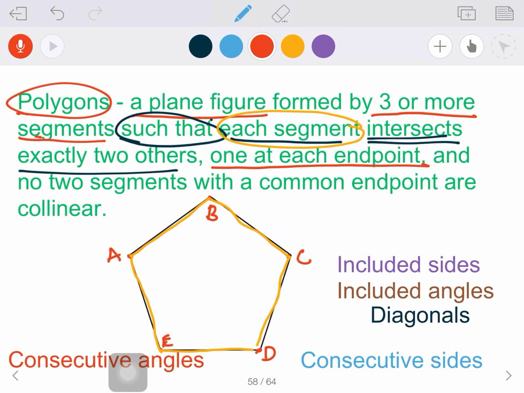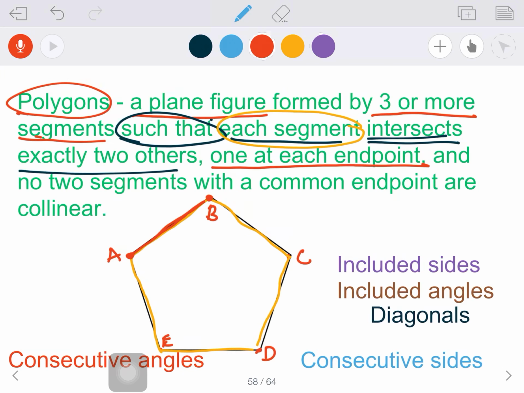So, focus on segment AB. How many other segments does segment AB intersect? You're right, there are two other segments. What are those segments?